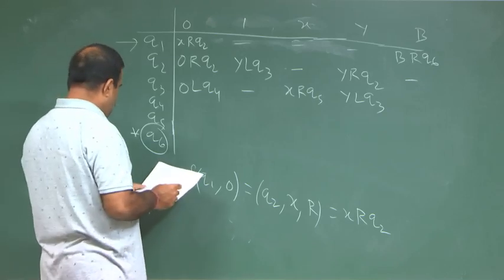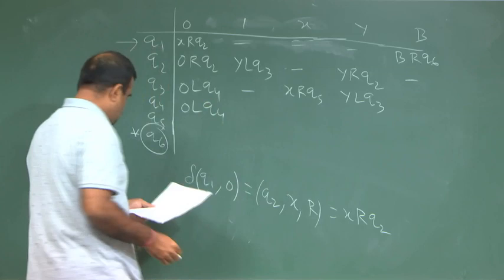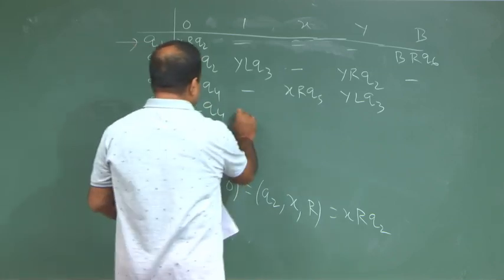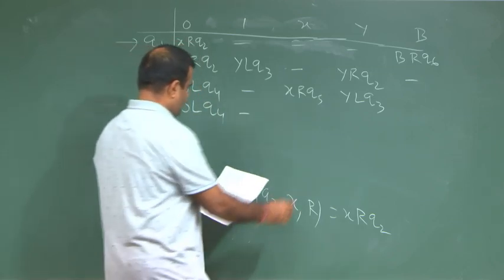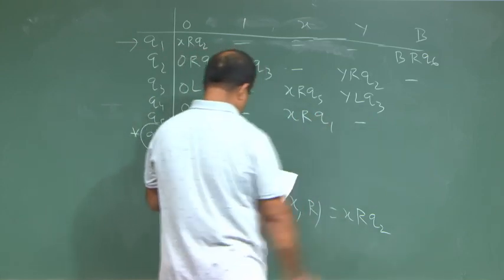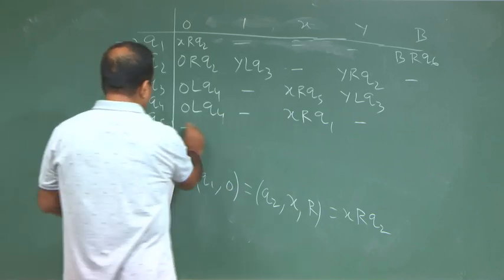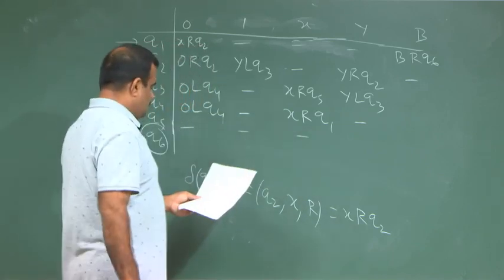And for q4 we have 0 L q4, and no move for this, x r q1 like this, and from q5 no move, no move, no move.